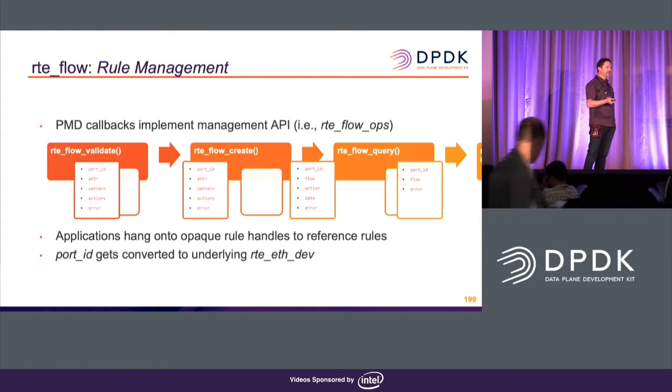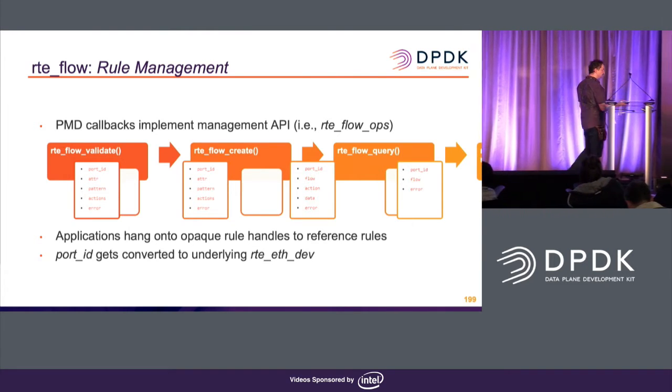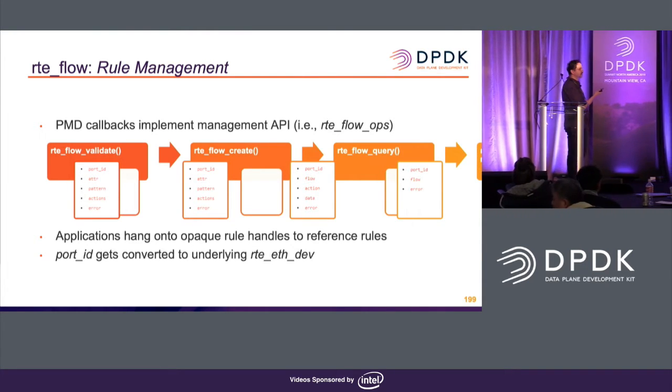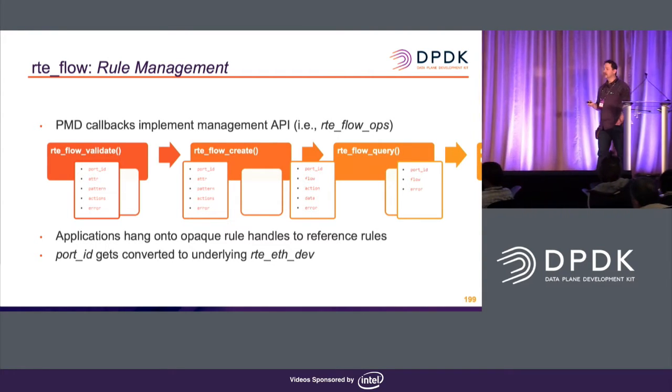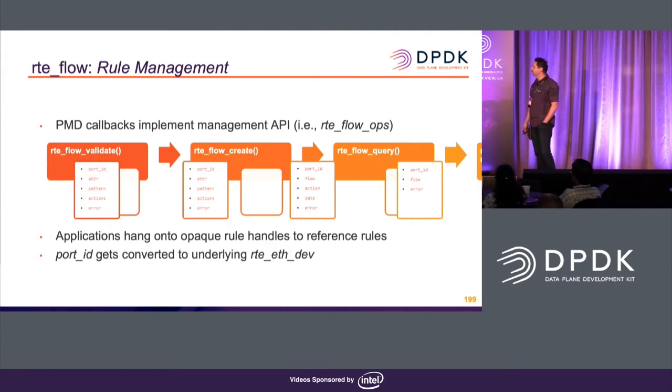Some of the actions require data to be stored as a state for that flow. For example, if you're trying to count the number of packets or bytes in a certain flow, you would later come in and read the current value for that counter. That would be given to you by flow query.